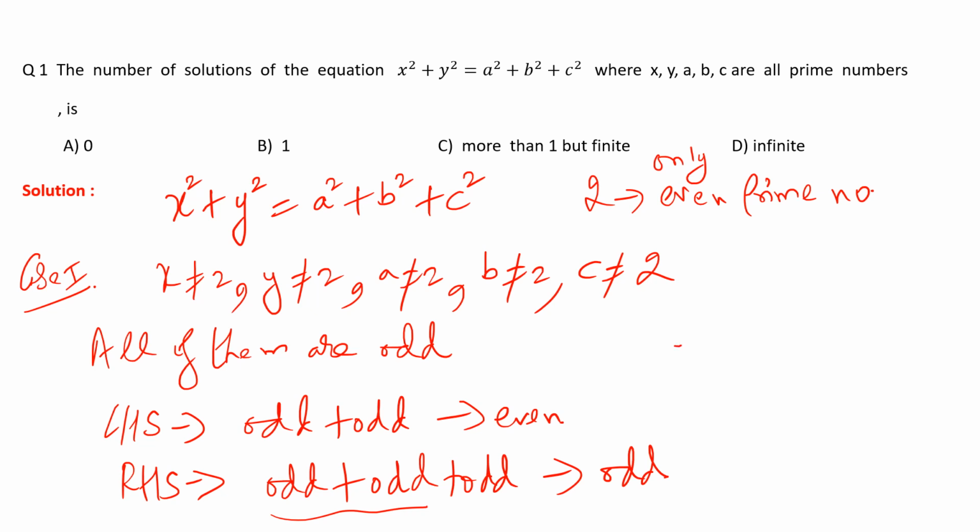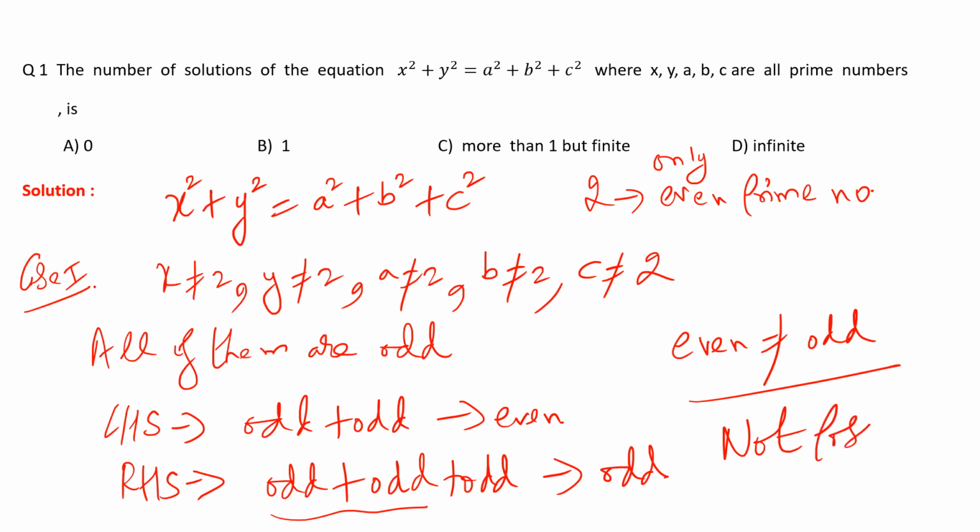Now obviously any even number cannot be equal to an odd number, so that means this first case is not possible. That means it is not possible that all of these prime numbers are odd. That means at least one of them must be 2 if we have to find any solution for this equation, right? Now we discuss the further cases.